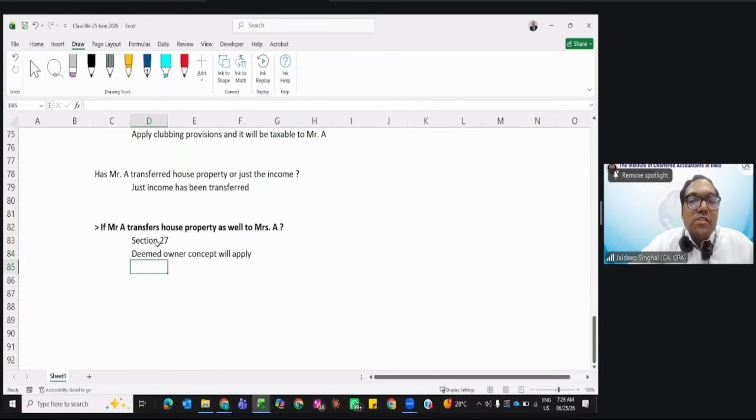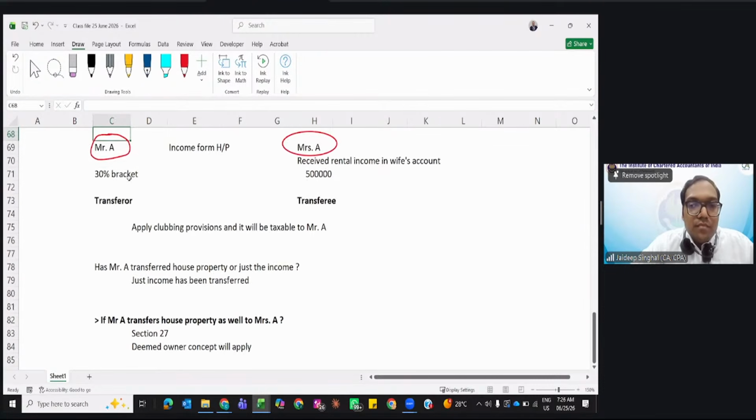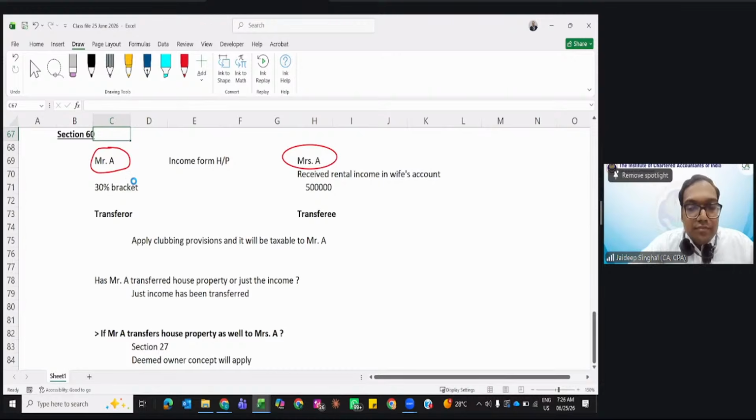But this is only in case of house property. Deemed owner concept is only in case of house property, right? Yes, it is. But clubbing is not just related to house property. It is much wider.